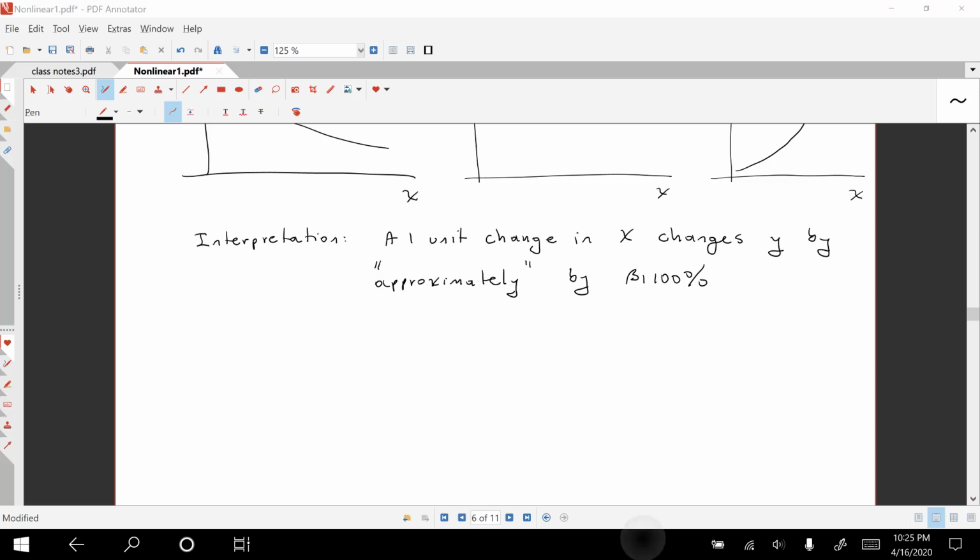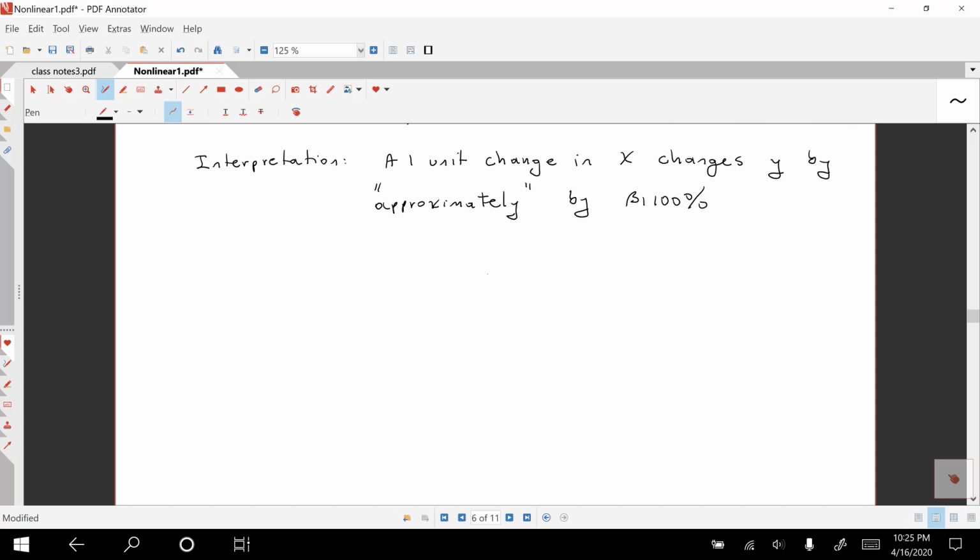Now, why do we call this an approximation? This calculation of beta 1 times 100% works better when the beta 1 that you estimate, that coefficient, is relatively small.